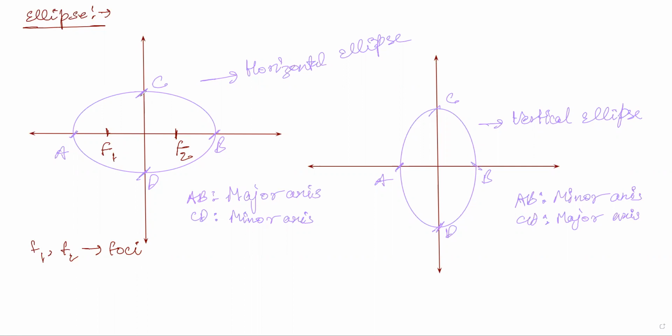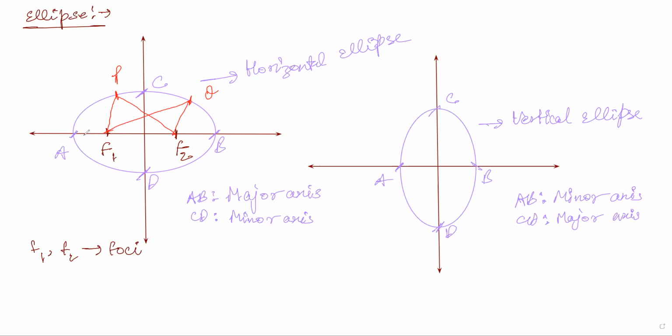And if you take any point on this ellipse, let's say you are taking this point P, right? And you are finding out the distance of P from both of these foci. And let's take another point Q and find out the distance from both of these foci. Then the sum of these two distances would be equal.